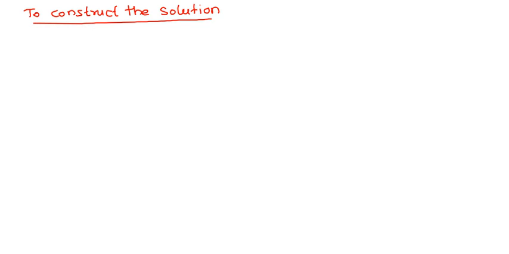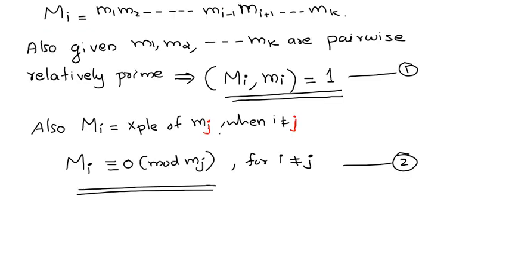before that, we have GCD of capital Mi and small mi equal to 1, using equation 1.